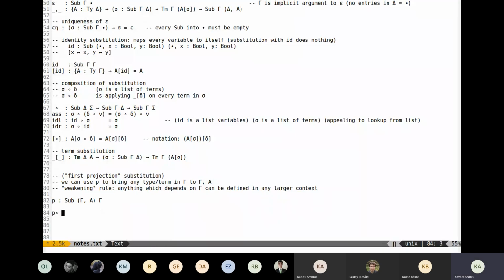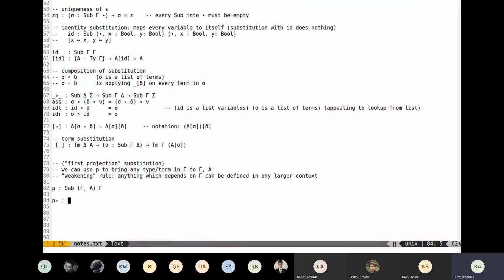So there is this rule which we can call P composition, and it says that if we compose P with sigma T, so sigma T here is some substitution which goes from some gamma to delta extended with A. So we know that it goes into an extended context because it is an extended substitution. So this goes from gamma to delta A, and P here goes from delta A to delta.